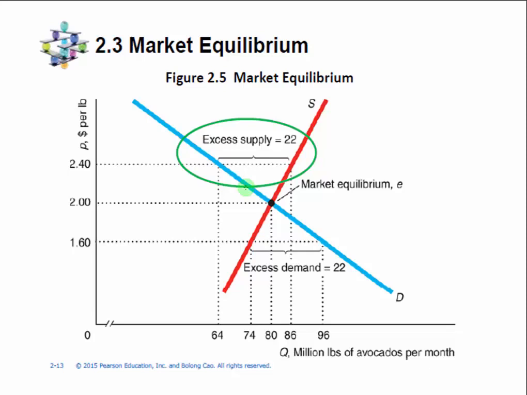The firms make less money per unit, and they supply less quantity to the marketplace. And the quantity demanded increases because the price declined, avocados become cheaper, and people buy more. And then at $2, again, the market is back in equilibrium. The quantity supplied equals the quantity demanded. Nobody wants to change their behavior anymore.